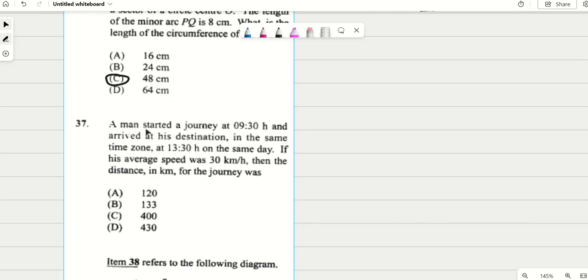Number 37. A man started a journey at 9 hours and 30 minutes and arrived at his destination at the same time, so 13 hours and 30 minutes on the same day. If his average speed was 30 kilometers per hour, what is the distance in kilometers that was journeyed? We did a similar question to this.